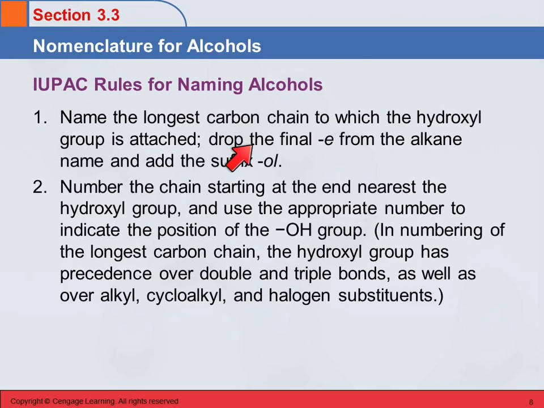From the length of that chain, we get an alkane name. We drop the E and put in OL. Then we're going to number the chain starting at the end nearest the hydroxyl group. This is like we did with the alkenes and the alkynes. You start so the functional group gets the lowest number.